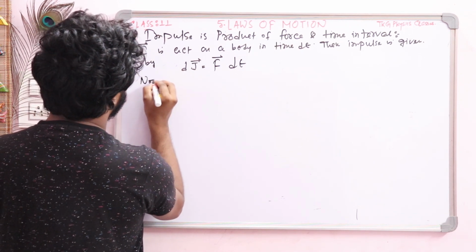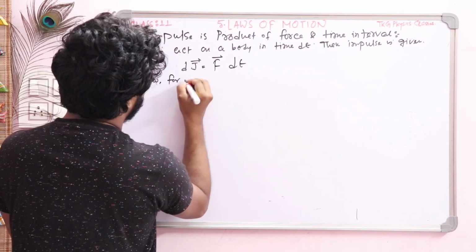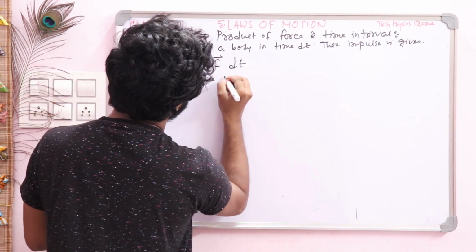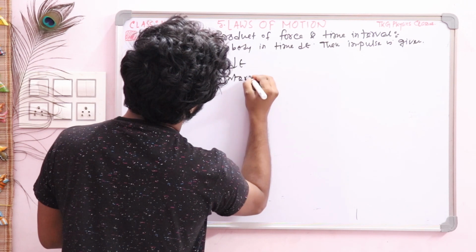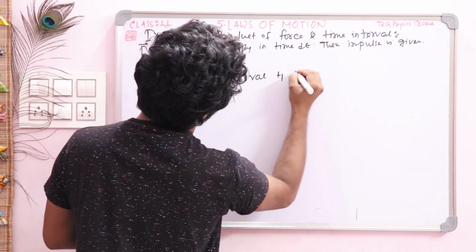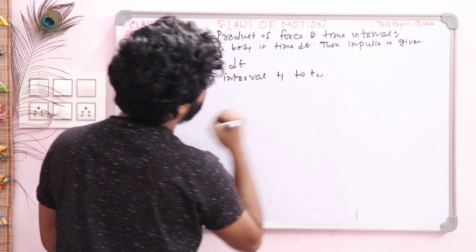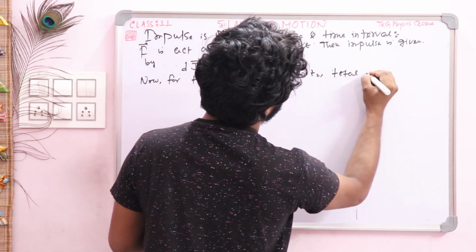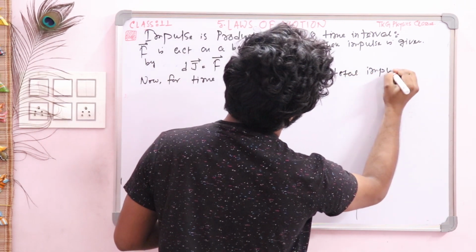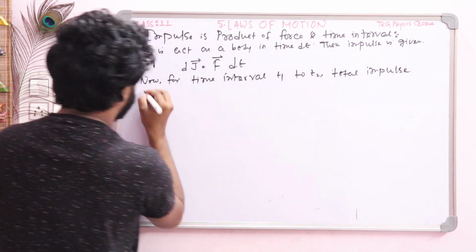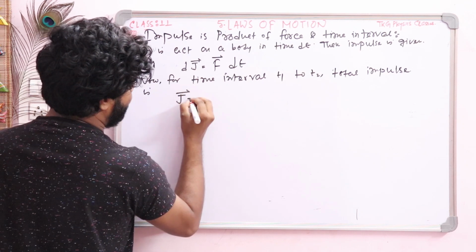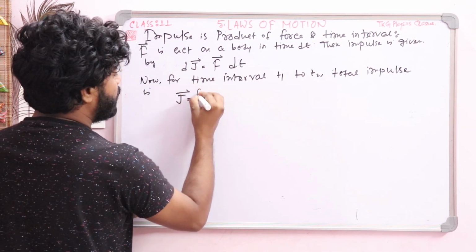Now for finite time, for time interval t1 to t2, the total impulse is J vector, and it is represented by integration.